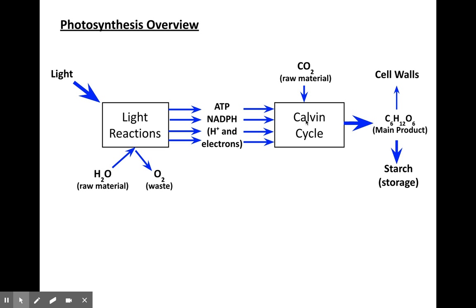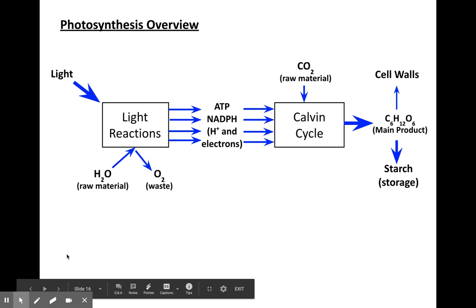Carbon dioxide is going to get pulled into the Calvin cycle, and then we're going to make glucose. Now, once we make glucose, the cell is either going to use the glucose to make ATP, or it's going to change the glucose into cellulose to make cell walls, or it's going to change the glucose and make starch and store it away for future when it's maybe not as sunny.